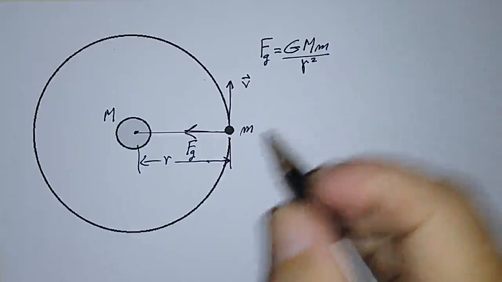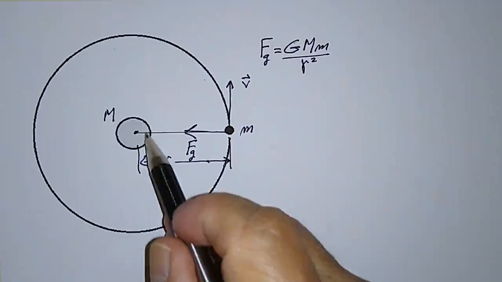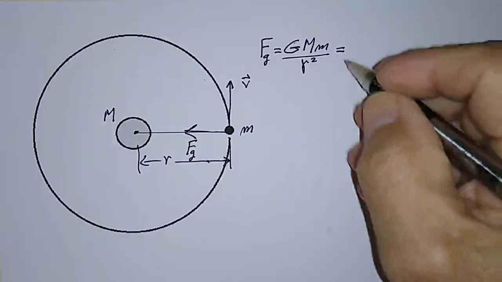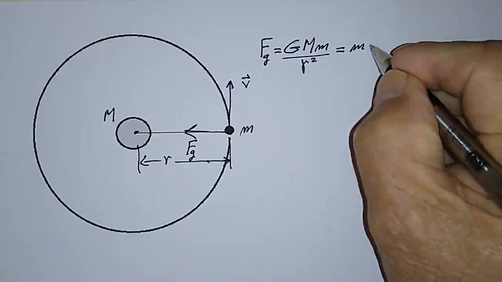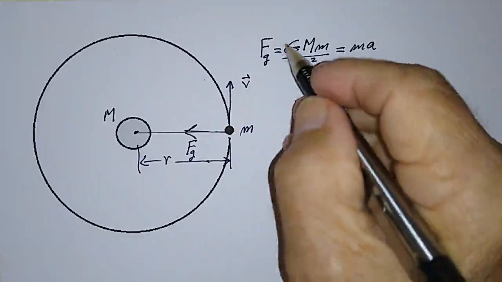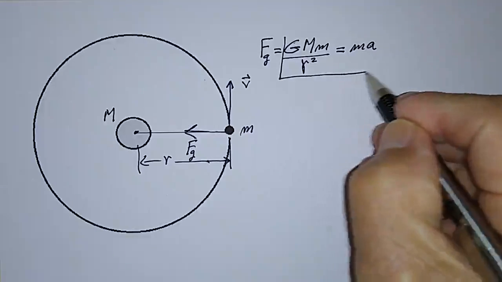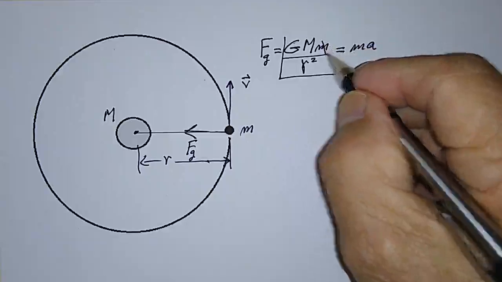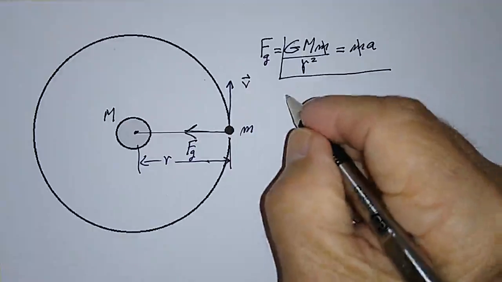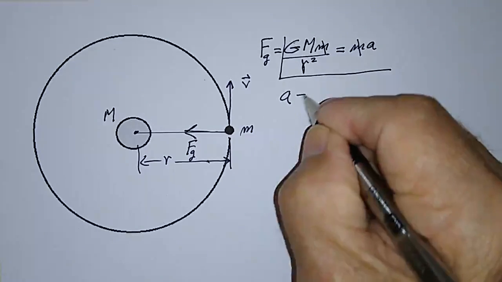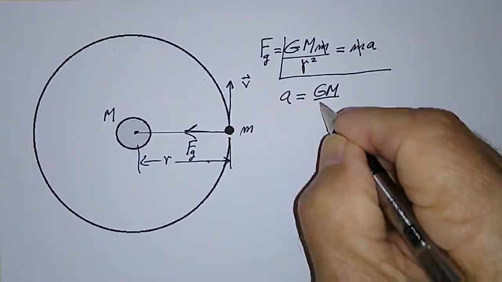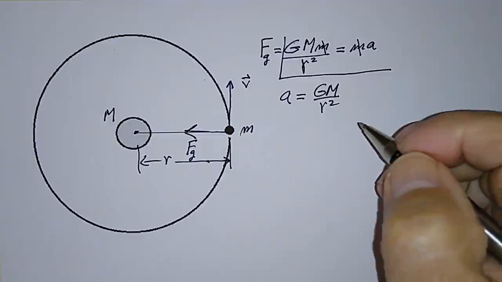This is the net force exerted by big M on little m, and that produces, or is equal to, little m times a. So here's our equation right here, and the little m's cancel out, and I can write that the acceleration is equal to GM over r squared.